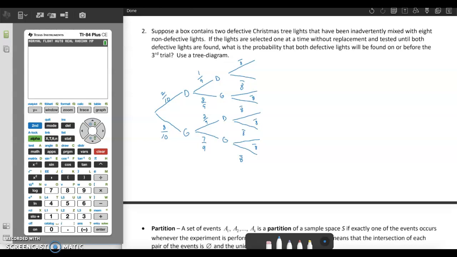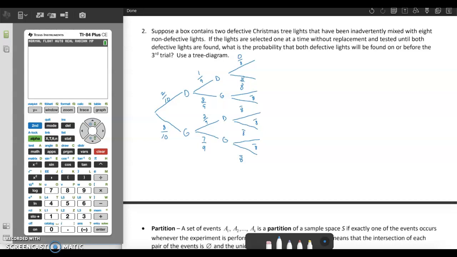If I've already picked out both defectives, then there are no defective bulbs left. There's no way to pick a third defective bulb. If I've picked 2 defectives already, the probability of picking a good one next is 8 out of 8. They're all good that are left in there in that case.